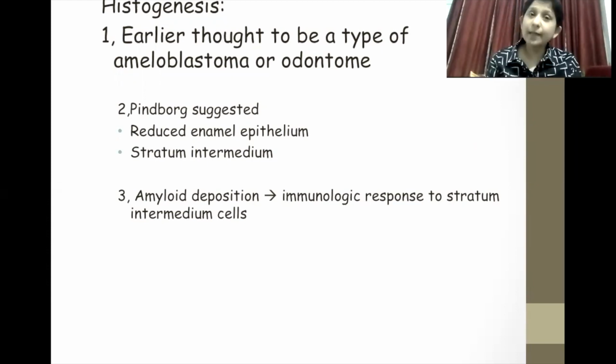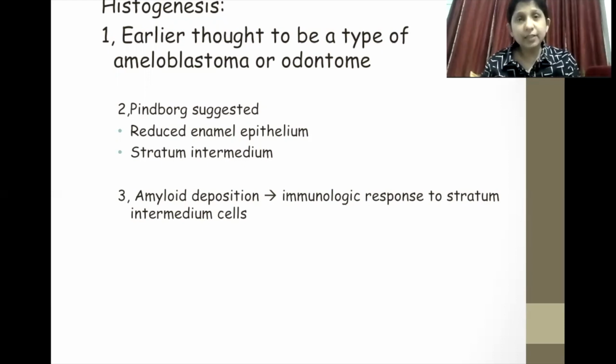Now, reduced enamel epithelium happens to be the inactive stage of the odontogenic epithelial apparatus. That is, once the enamel is formed and the function of the enamel organ is over, that is when all the cells of the enamel organ will collapse and form the reduced enamel epithelium. So this tumor can also arise from the reduced enamel epithelium.